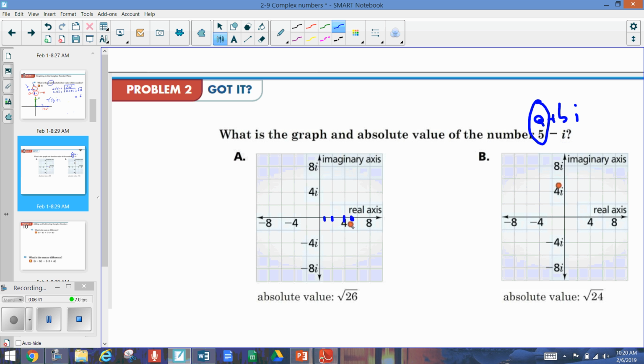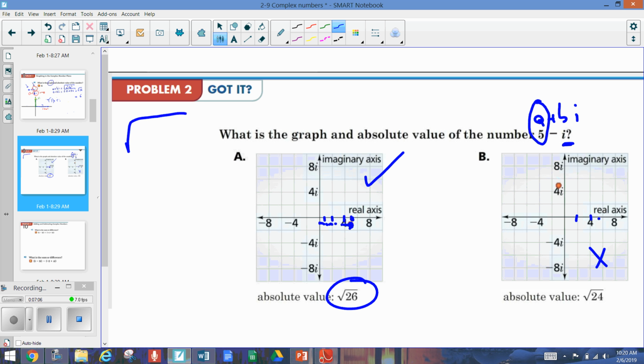So that makes sense when I look at that. It should be somewhere else here, right? But they put it here, that means it's not correct. 5 here, and then imaginary portion is negative i. Negative i is just here. When I check the intersection point, it's correct. This is correct.